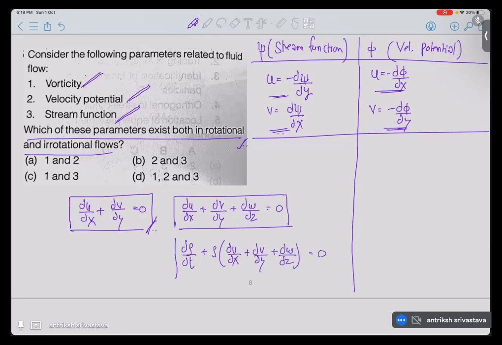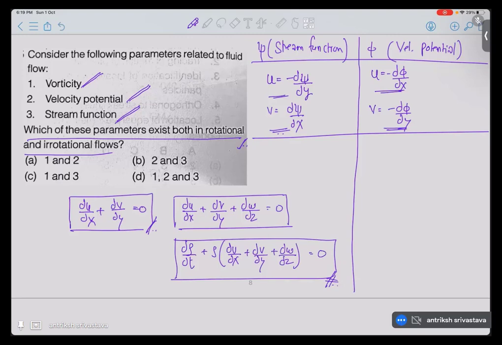This is the correct one, this is the full form. This is the continuity equation.